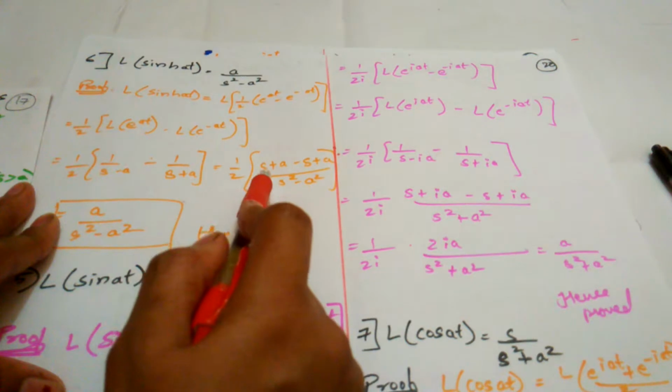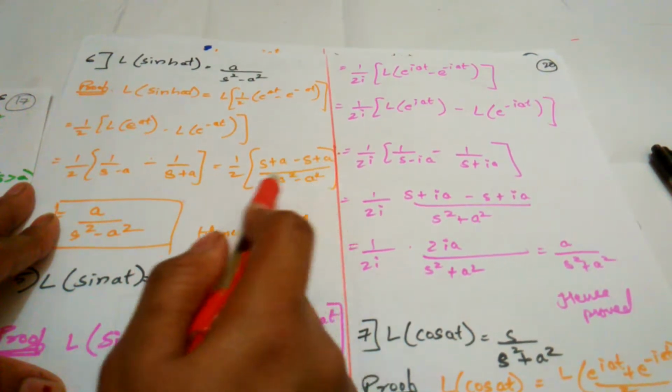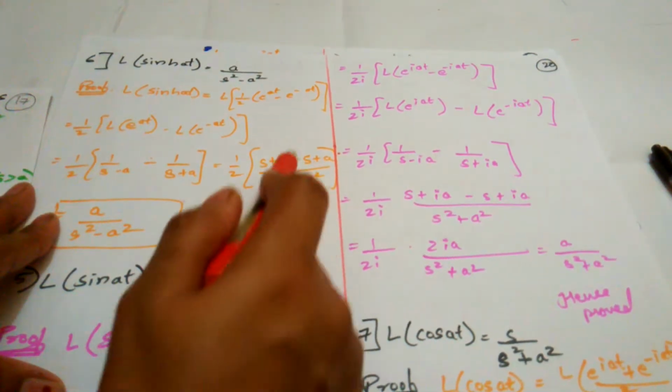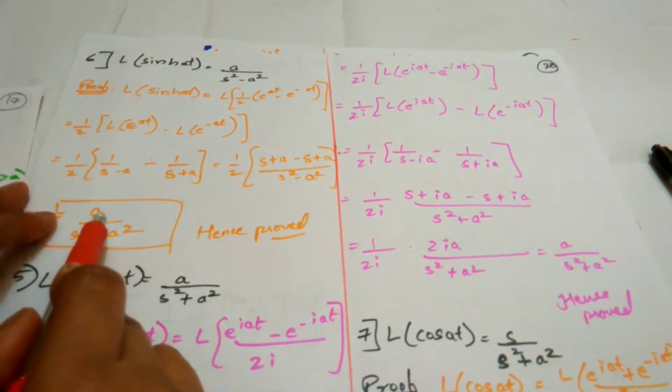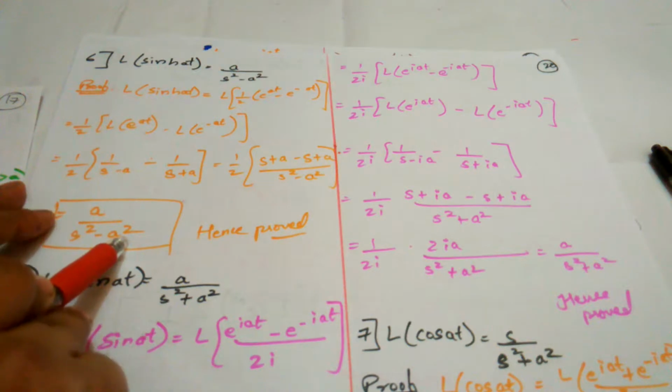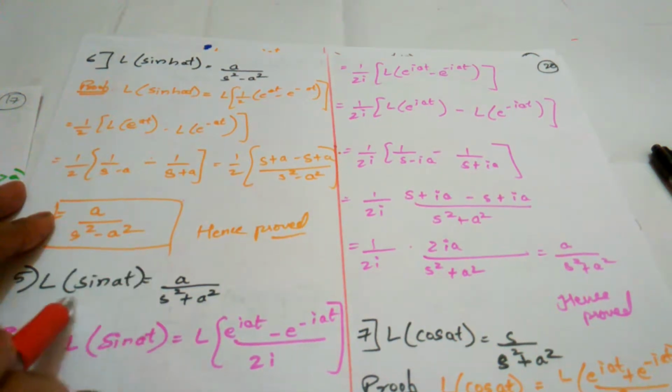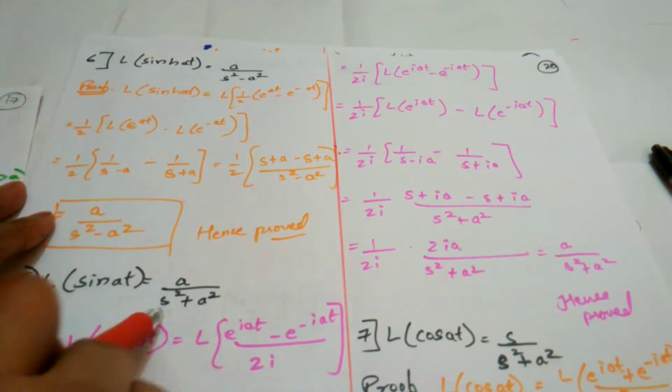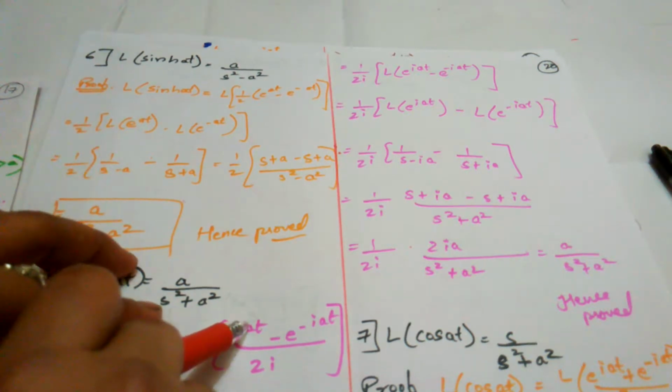That is s plus a minus s plus a divided by s square minus a square. The s cancels, the 2 cancels, so we get a upon s square minus a square.